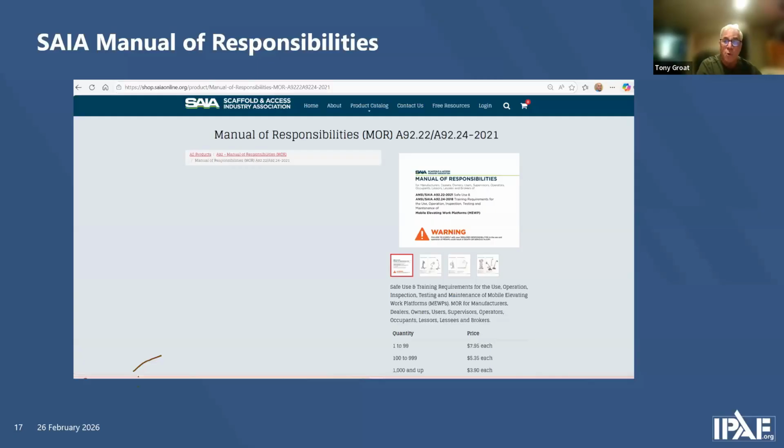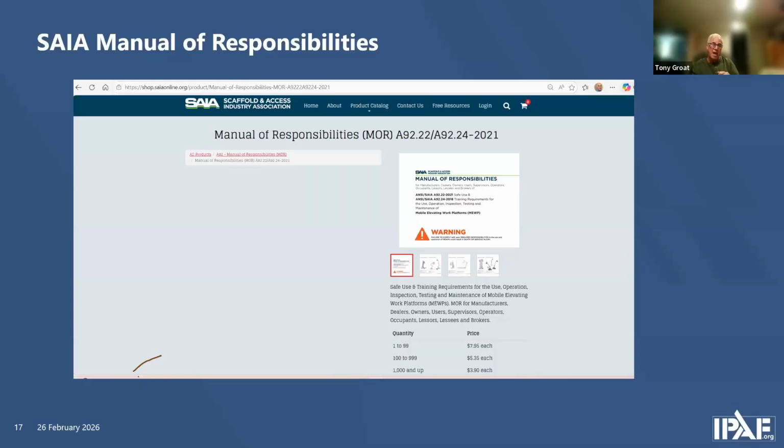One of the things that I always try to point out to anybody is that the SAIA is the secretariat of the ANSI A92 standards, which means they control those and ensure that in the development of those standards, they comply with all of the ANSI requirements for development of consensus standards.